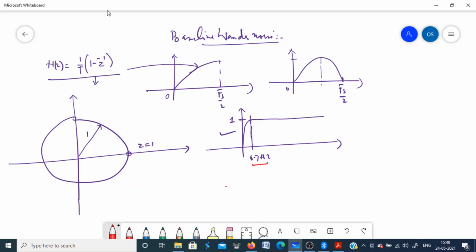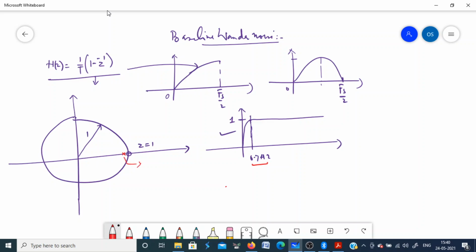Okay, so in order to boost this gain, along with zeros you have to insert a pole here. So if I insert a pole on this real axis at a point very close to the unit circle, but it must be inside the circle because it is a pole, otherwise it can make the system unstable.